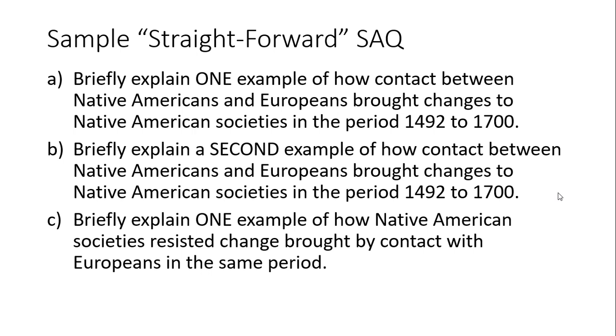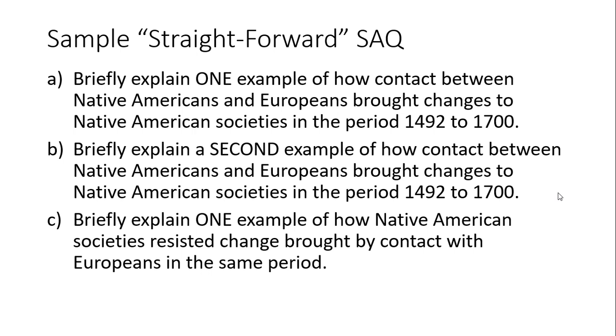Remember, I said one of the first things you want to do, if it's causation, is identify what's the cause and what's the effect in the question. So right here, contact between natives and Europeans is the cause. Okay, that's what's causing something. The effect of that, the effect of contact, is going to be changes to Native American societies.